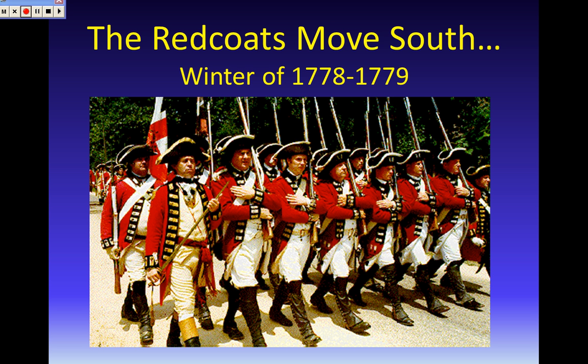And they do that for a couple of reasons. Their new strategy is going to be to kind of start in the south, down in Georgia, and take sort of one colony at a time. Part of the reason they need to do that is because the French are now fighting against them in the Caribbean, the islands down in the Caribbean. So they needed to support their crews fighting in the Caribbean against the French and be closer to that action as well.